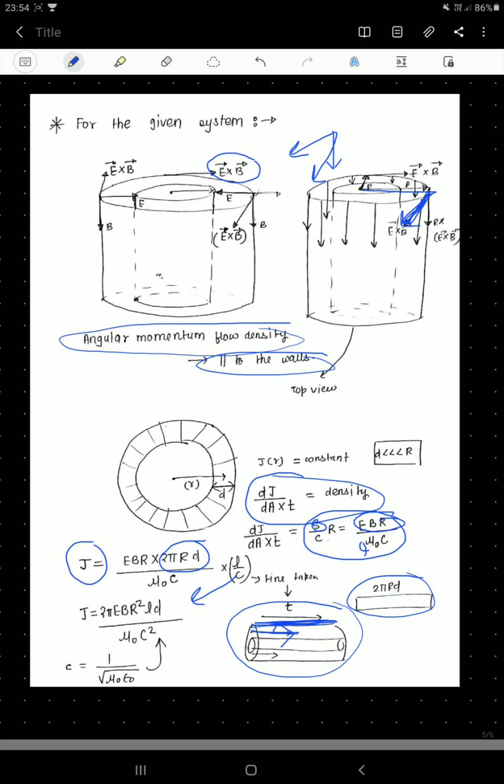Putting all the things together we will get the energy density flow. You should be familiar with this, that the speed of light is nothing but 1 by root of the permeability of free space and the permittivity of free space.